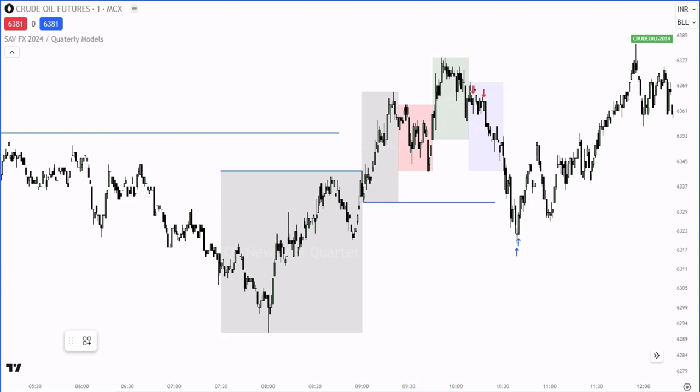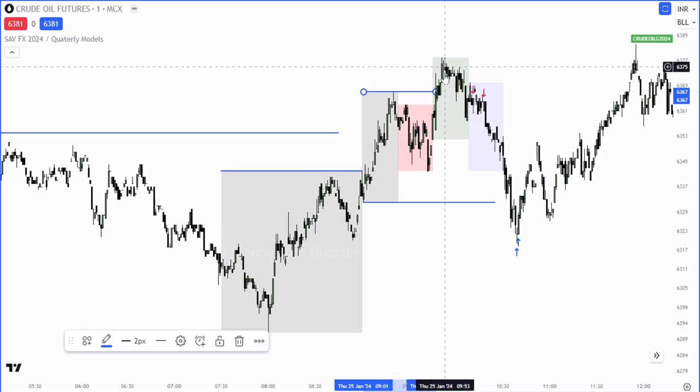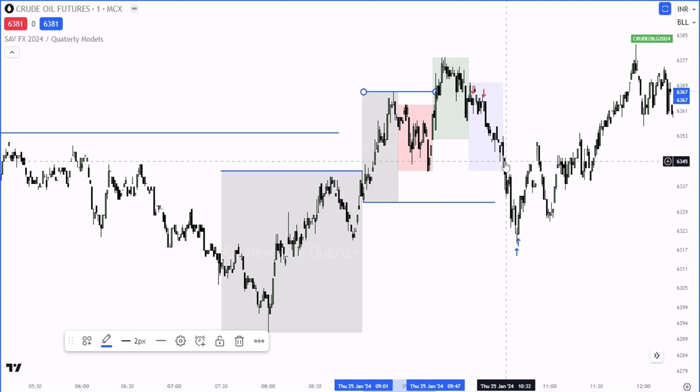Meaning that as soon as price sweeps the accumulation high within Q3, we can anticipate Q4 to be a continuation lower, if Q3 does not reach the low.